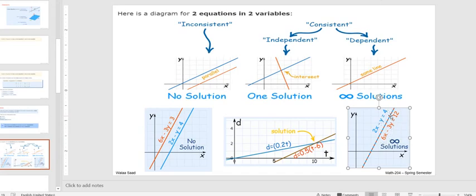And 4 times 3 as well is equal to 12. So the whole equation is a multiple of the other. And this is the case where we have an infinite number of solutions, and we have to imagine this when we see them algebraically. So if the right hand side is also a multiple and the whole equation is a multiple of the other, then we have an infinite number of solutions.